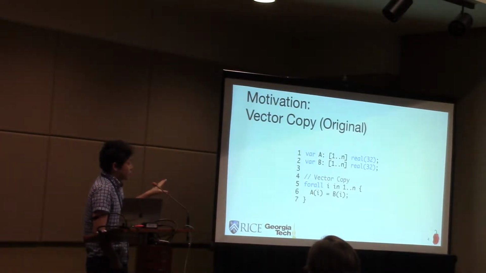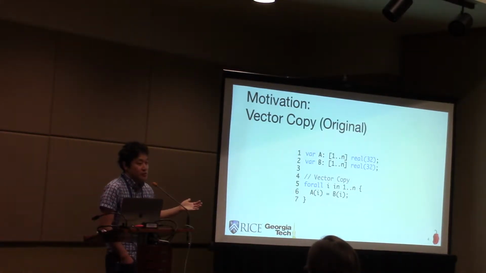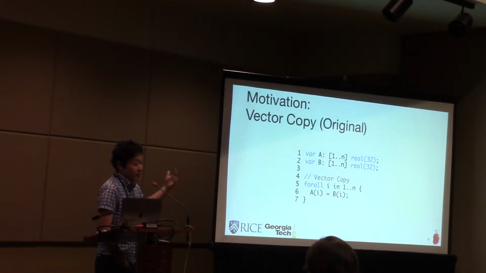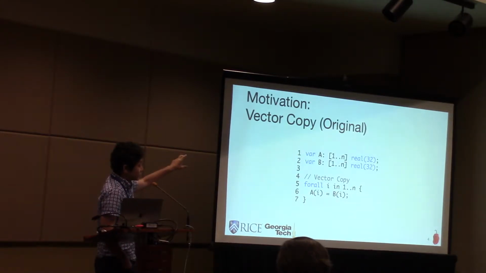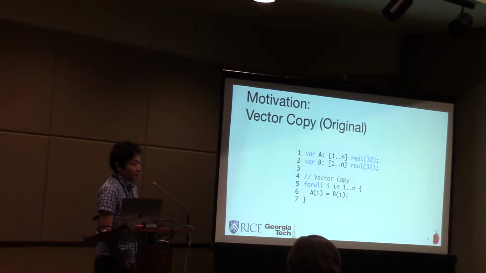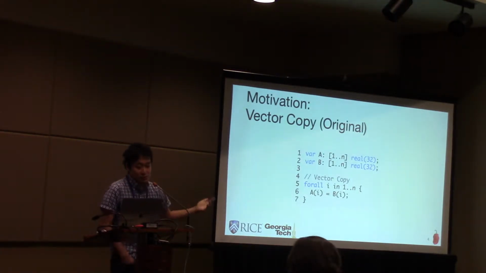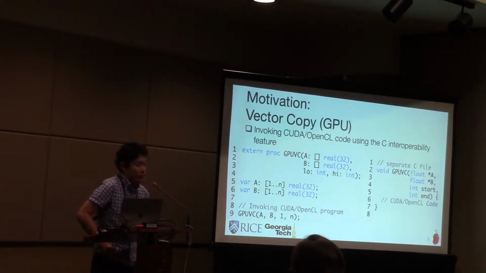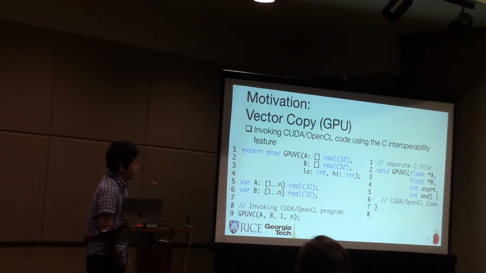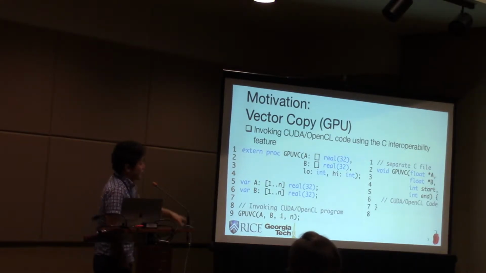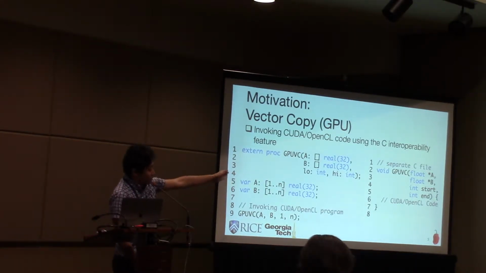Suppose we are writing some forall code, and this is a really simple program where we are just doing a vector copy. We have two arrays here, and then just an assign statement in the forall loop, and suppose we want to run it on GPU. Chapel has a really nice C interoperability feature, where you can write a separate C file on your right.